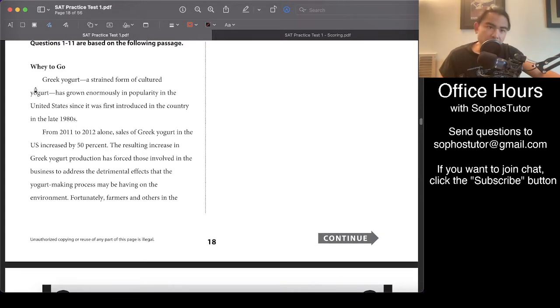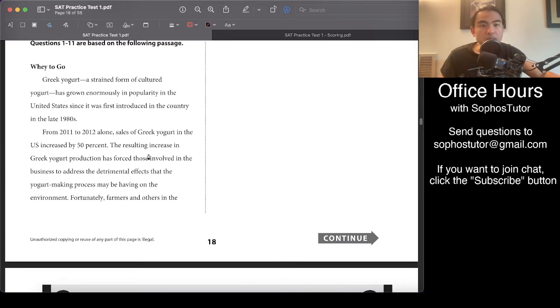So this passage here, "Way to Go." Greek yogurt, a strained form of cultured yogurt, has grown enormously in popularity in the United States since it was first introduced in the country in the late 1980s. From 2011 to 2012 alone, sales of Greek yogurt in the US increased by 50%.